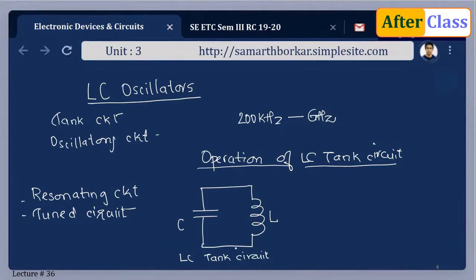Now let us consider that this particular capacitor is initially charged from DC source with the polarities as shown in this figure. So here is this capacitor and this capacitor is applied a DC source having the polarity plus and minus across this capacitor.